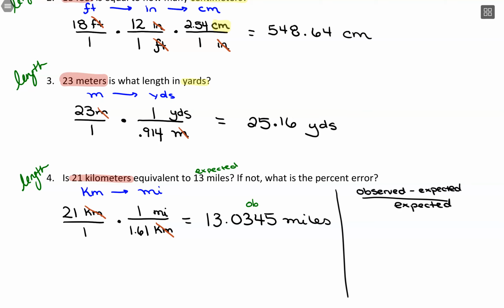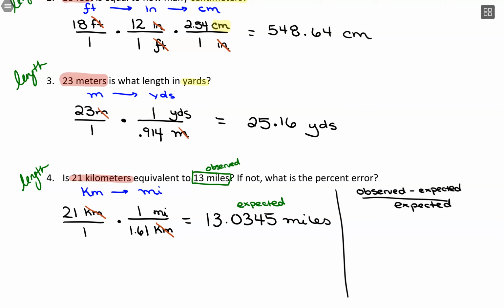Sorry, I mixed that up. This is 13.0435, and I'll show you how to use the calculator to make this even more exact. This is what we should have had. This has error to it, so this was kind of a guess. So maybe this was our observed, where this is the exact value, this is what's expected.